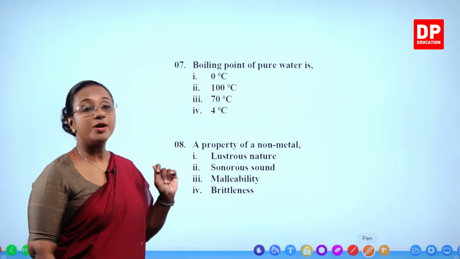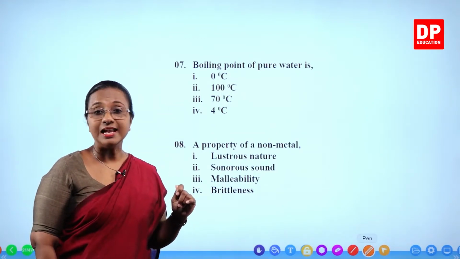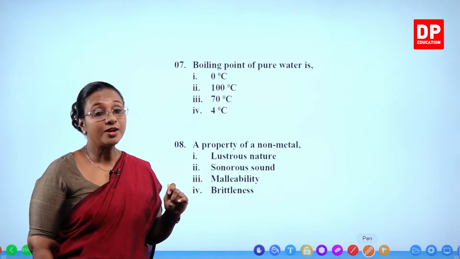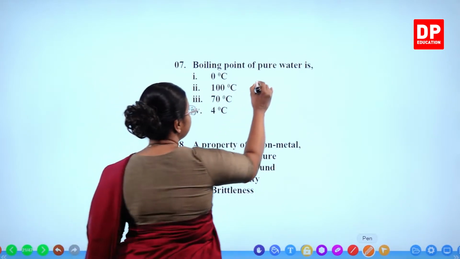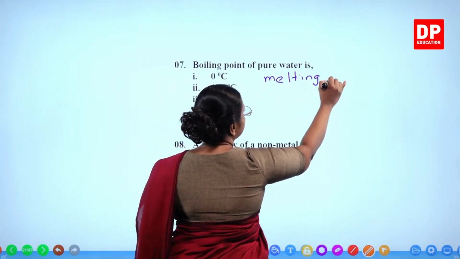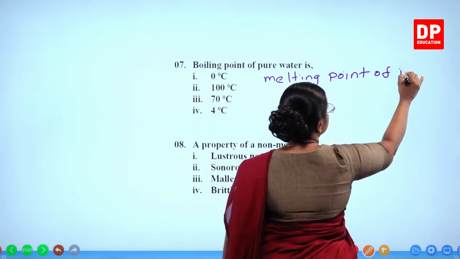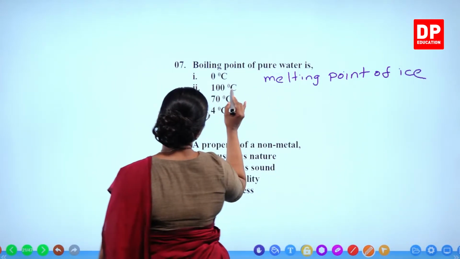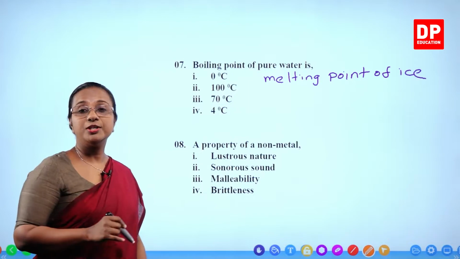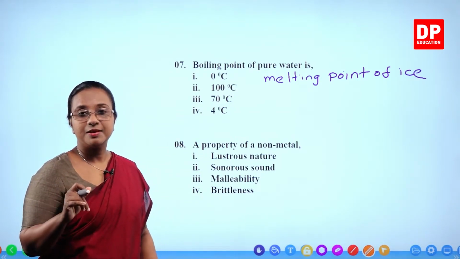So boiling point of pure water is 0 degrees Celsius. What is that? That is the melting point of pure ice. So this is the melting point of ice. Then 100 degrees Celsius, boiling point of pure water. 70 degrees Celsius, that is a different temperature.